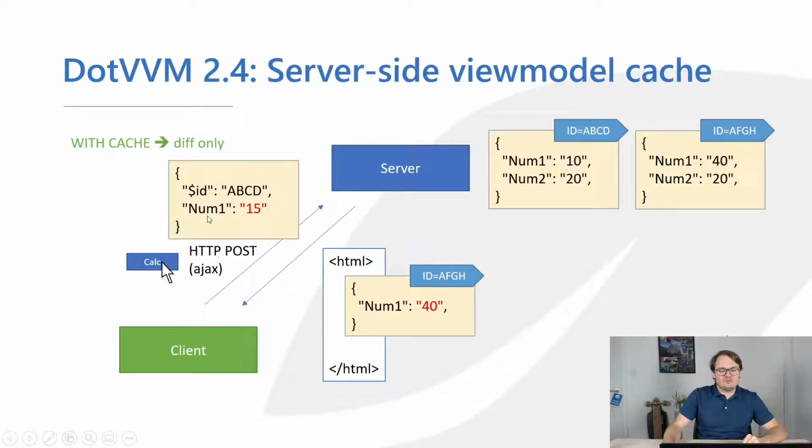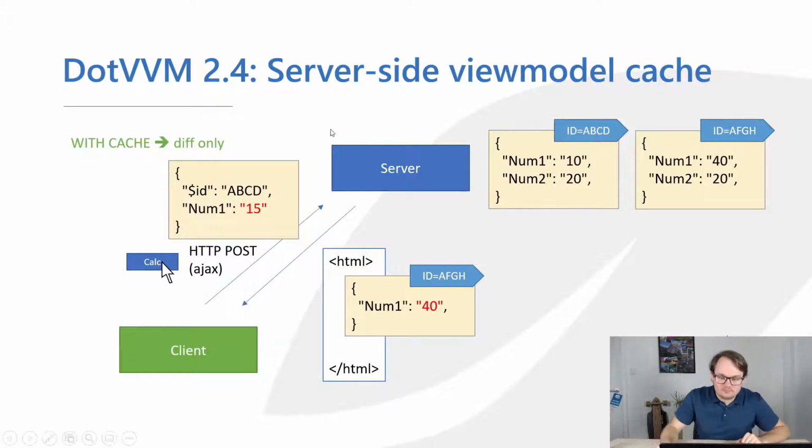So if I was changing just one of the values in the view model, then the client will send the ID of the view model, which is ABCD, and the property that has been changed. The rest of the view model, which is still the same, is not transferred. So this will save quite a lot of data, because typically you don't change the entire view model, you change only a tiny part of that.